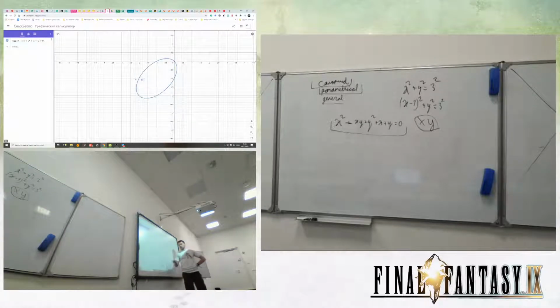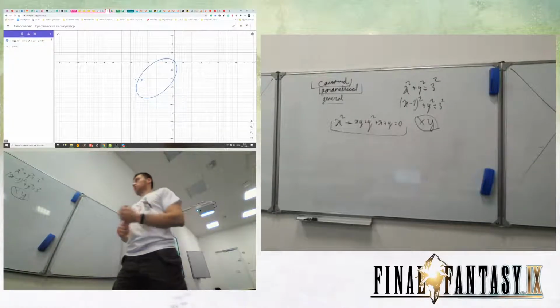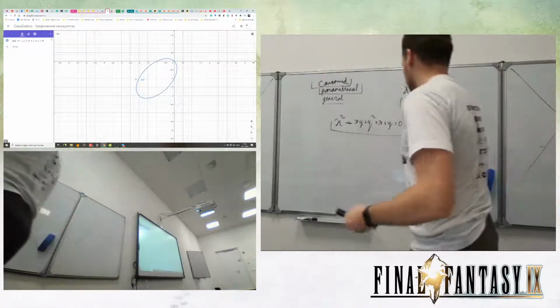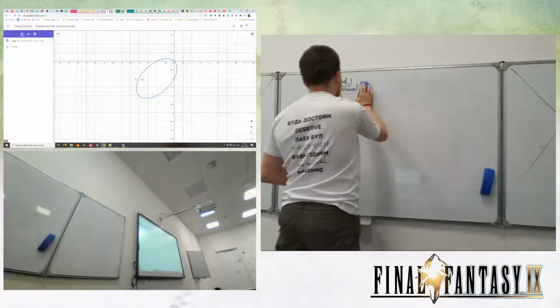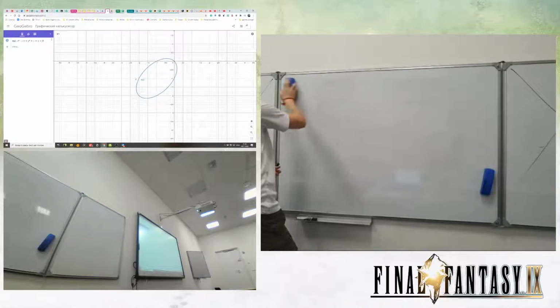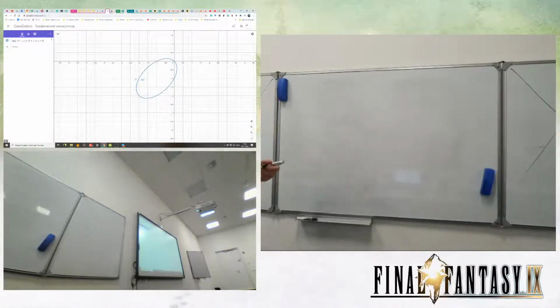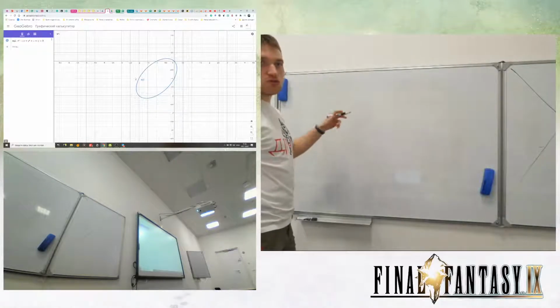So if we want to obtain the canonical form, actually we need to make transformations. To sum up, yes, we will receive canonical form, but it will look like this. So first of all, we need to rotate something.